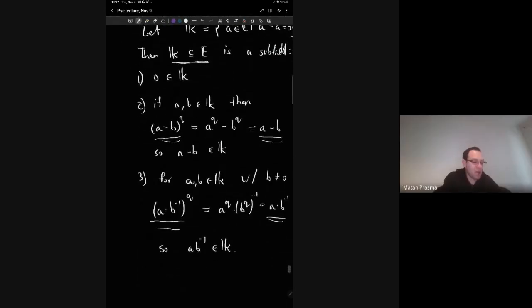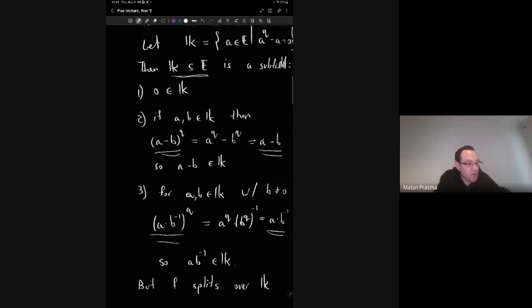Okay, so I know that K is a subfield of E. But f splits over K, because K contains all the roots of f.